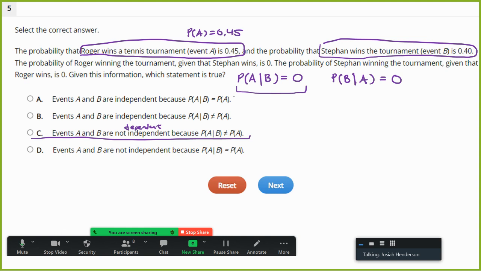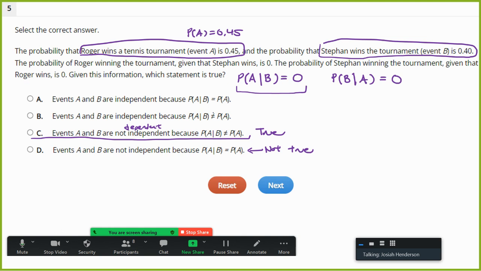Those aren't equal. So C looks like it's true again. We can rule out option D. This is not true. We see that from the numbers they gave us. 0 is not 0.45.